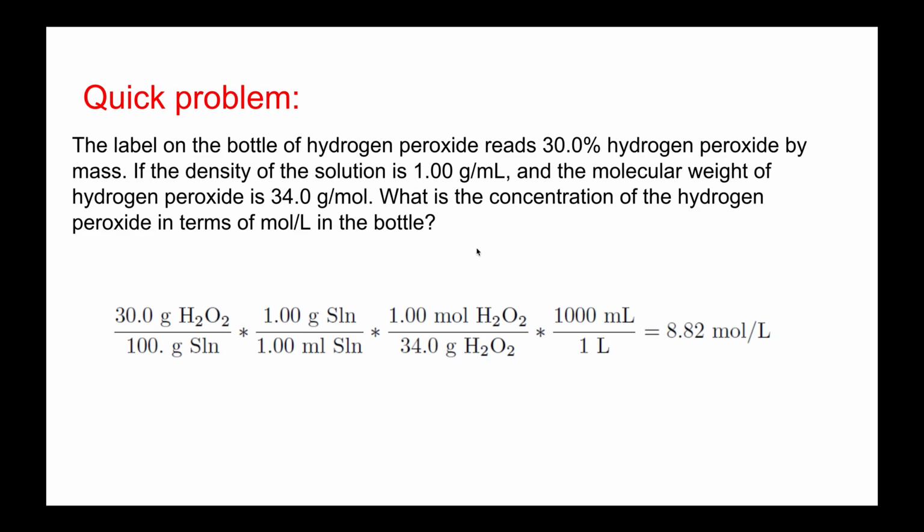Then I can use the molecular weight of hydrogen peroxide, 34 grams per mole, or excuse me, the inverse of it, since I have grams of H2O2 here and grams of H2O2 here. Then I just convert milliliters to liters, and I have the concentration of the H2O2 in the bottle. So 30% hydrogen peroxide is about 8.8 molar.